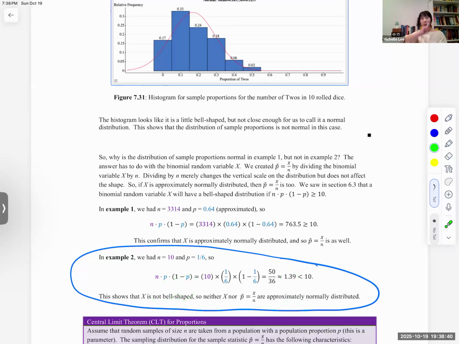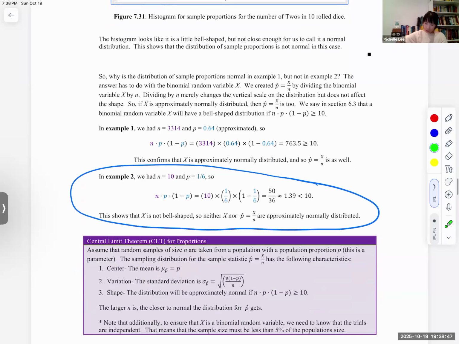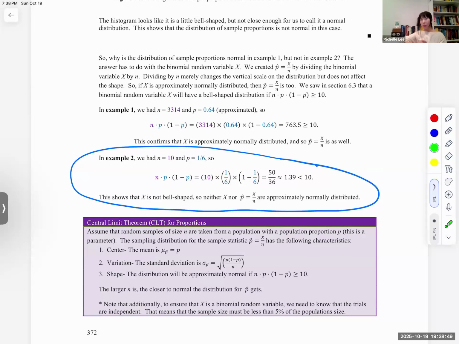Okay. Now, that's all previous stuff. What about this one? Central limit theorem again, right? So we have the central limit theorem for proportion. Earlier we had the central limit theorem for the sample mean, right? Let me write it down.